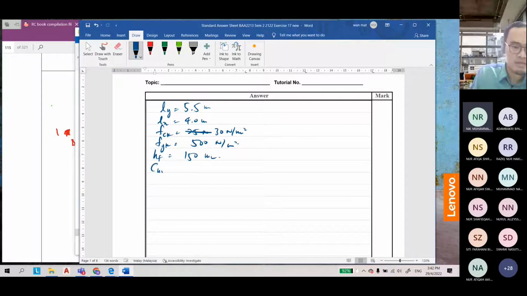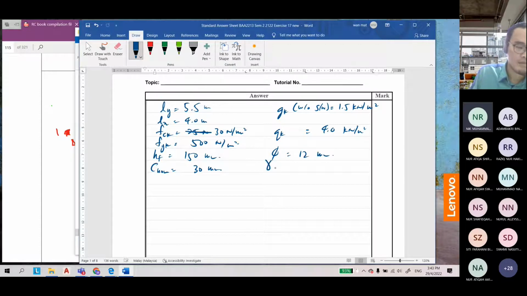The c nominal is given as 30 millimeter. The gk excluding the self weight is given as 1.5 kilonewton per meter square. The qk is equal to 4.0 kilonewton per meter square. The diameter of the bar, I want you to try as 12 mm. And the concrete density is equal to 25 kilonewton per meter cube.